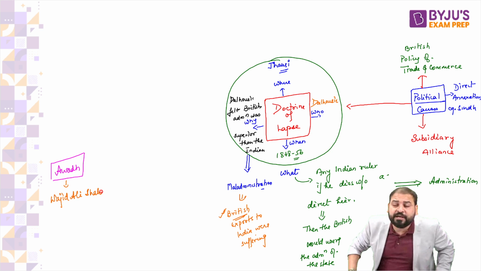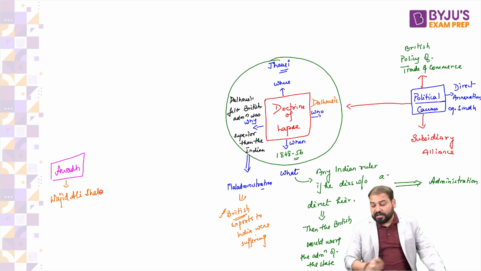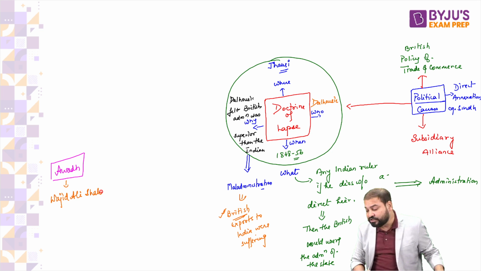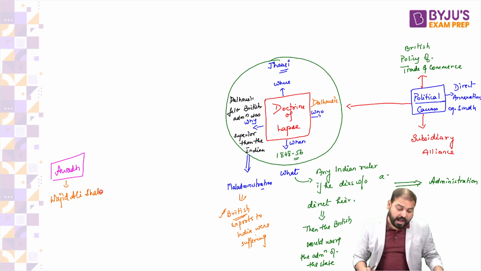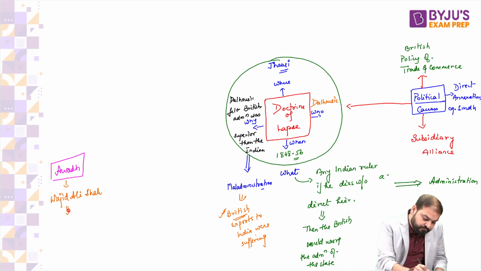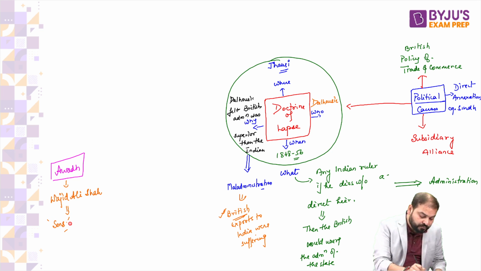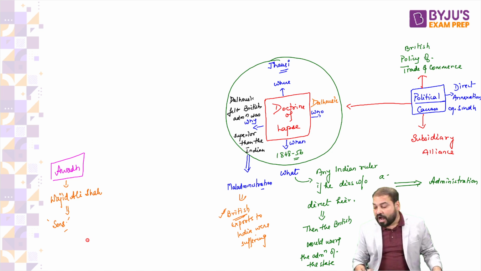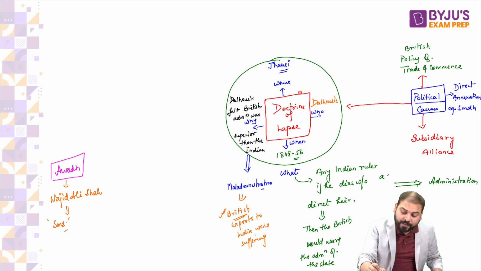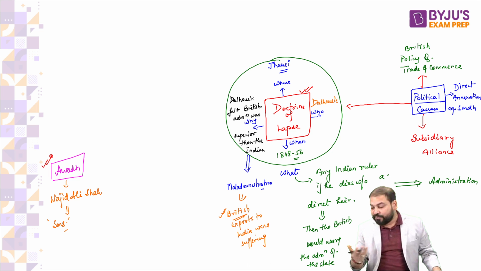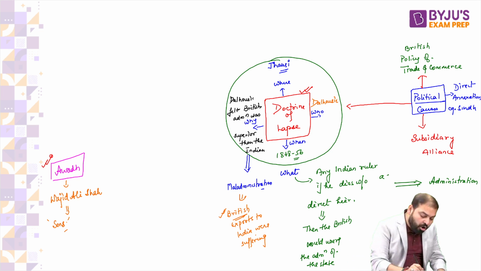Awadh is being ruled by Nawab Wajid Ali Shah, and he has many sons. So Dalhousie could not apply this policy on Awadh because he has many sons.